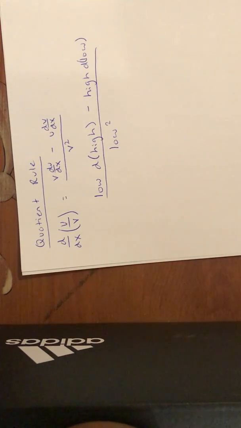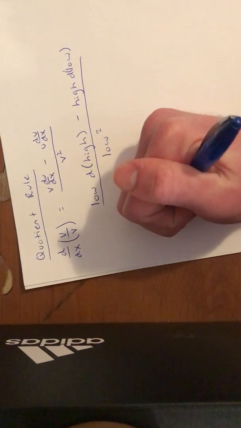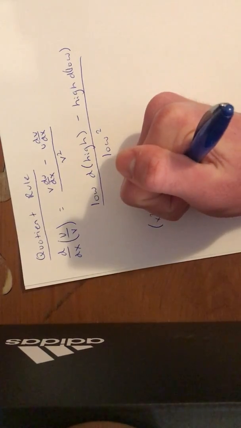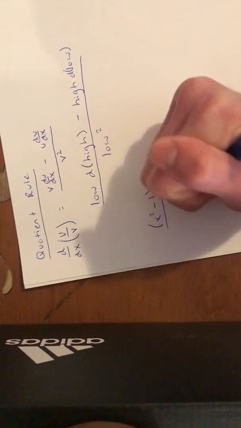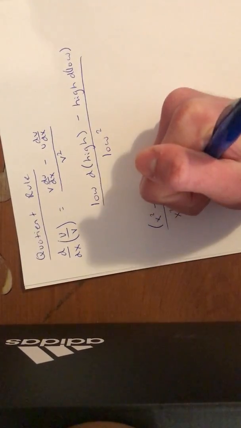So if we do an example, we'll do x squared minus 1 over x squared plus 1.